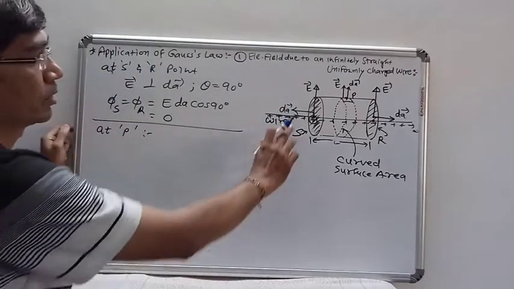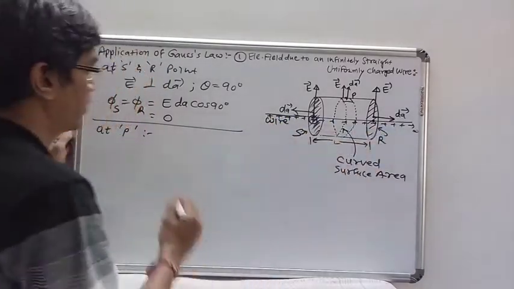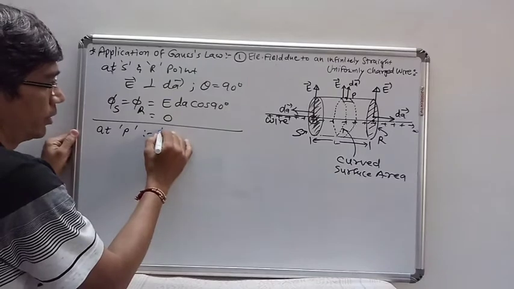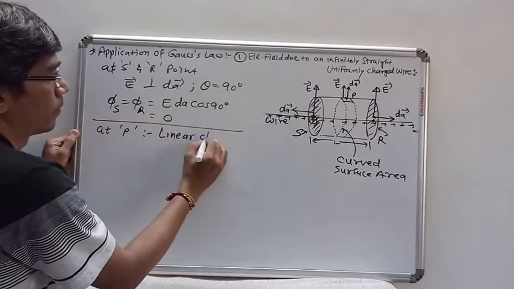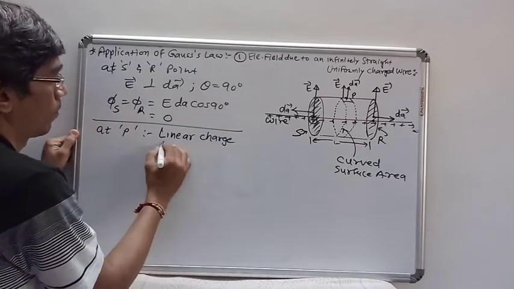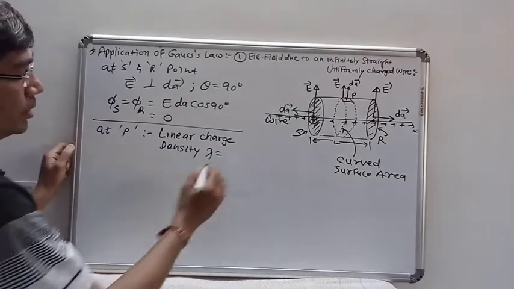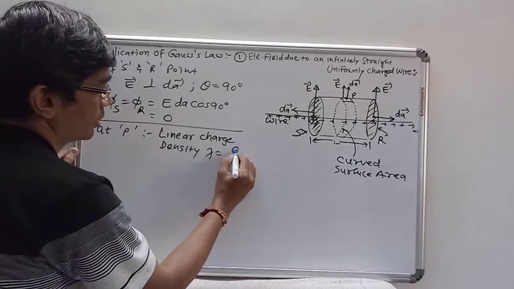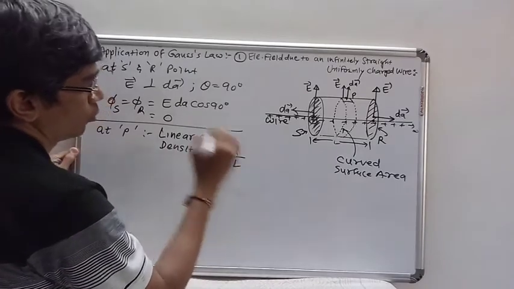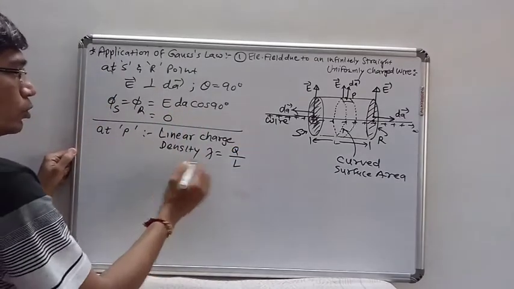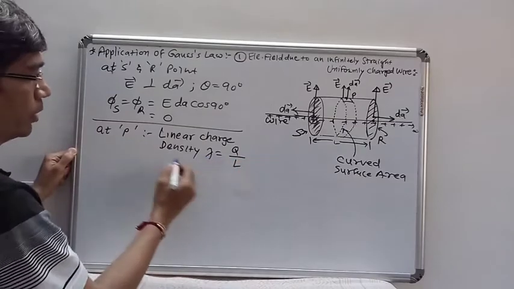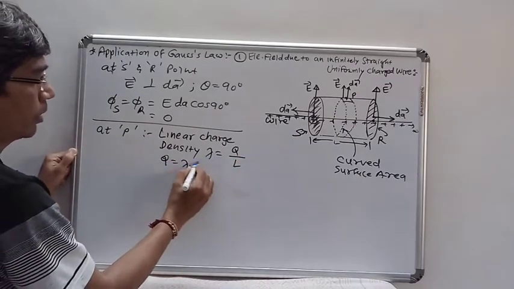Here there are so many charges on the wire, so we take the linear charge density. The linear charge density is given by total charge upon total length. So lambda is equal to Q upon L, so Q is equal to lambda into L.